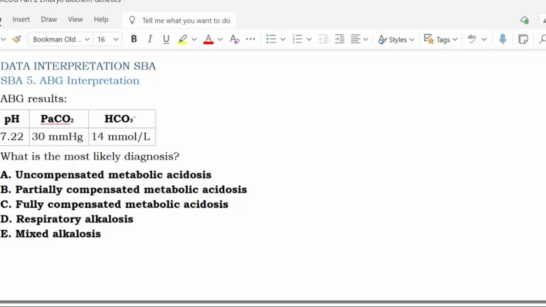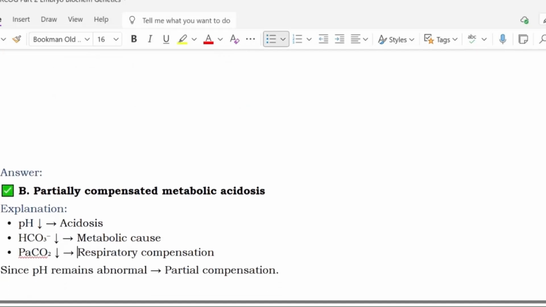So we are dealing with metabolic acidosis. Is it fully compensated? No, it will be partially compensated. If it were fully compensated, the pH would come to normal. The pH is still low, so it is a partially compensated metabolic acidosis.